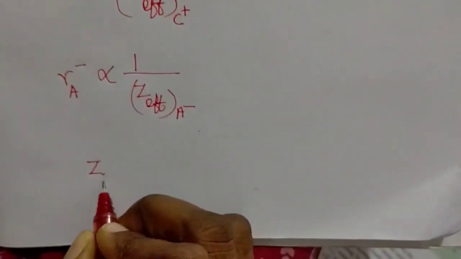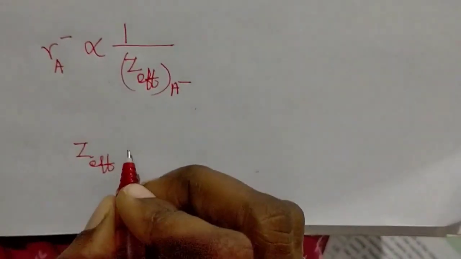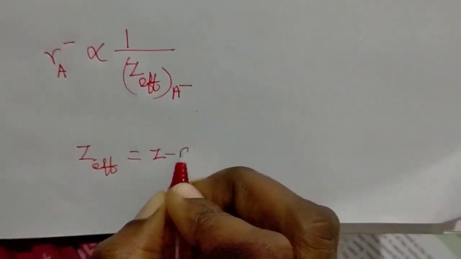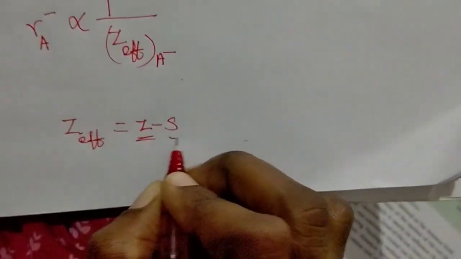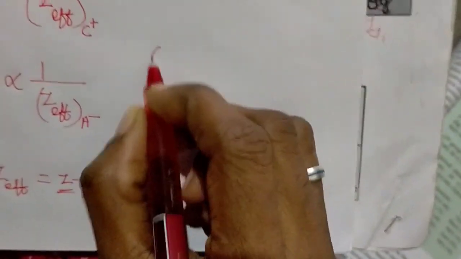Then write the effective nuclear charge formula: effective nuclear charge is equal to Z minus S, where Z is the atomic number and S is the screening constant. To solve these equations, we divide the equations.